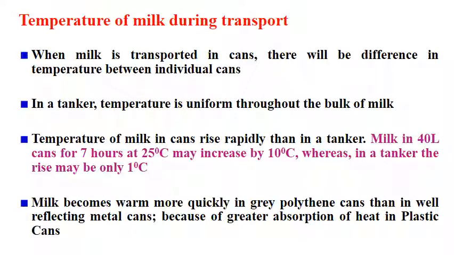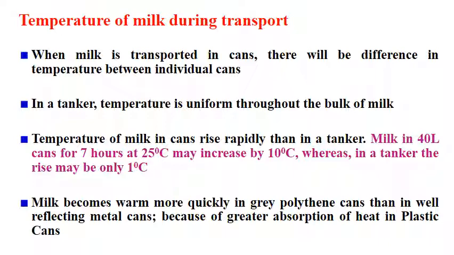So when the milk is in different cans, the temperature rise will be more than in a tanker. Milk in 40-liter cans for 7 hours at 25 degrees Celsius may increase by 10 degrees Celsius, whereas in a tanker the rise may be only 1 degree Celsius.